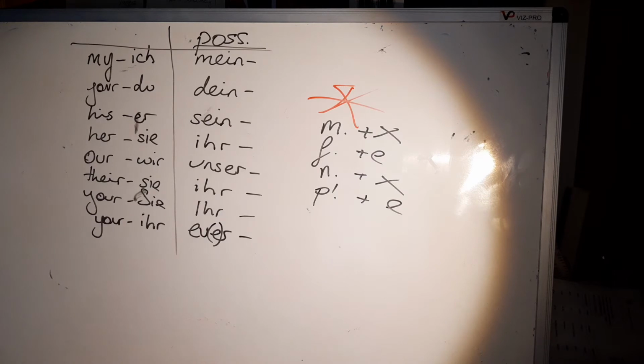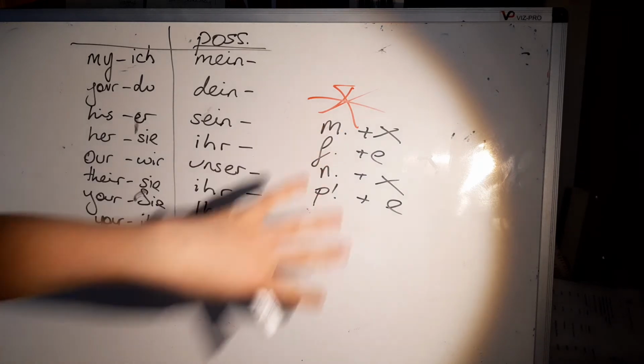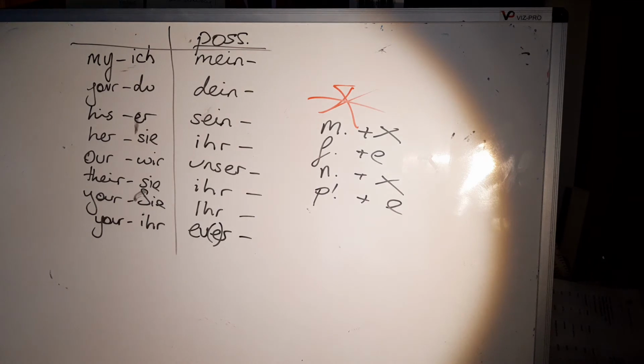And it's the cases again. This will change with the cases, and we will come on to that in a minute. But as for now, this is the basic one. This is the one that you did in Year 7, where you said mein Vater, meine Mutter, meine Schwestern, my sisters. Schwestern? Schwester. Yeah, Schwestern.